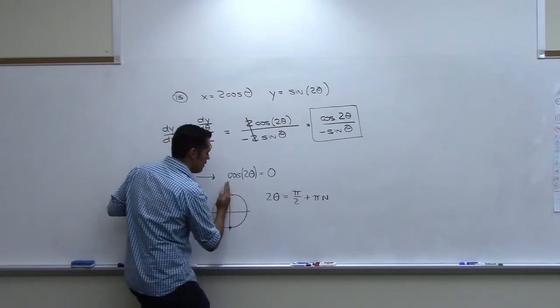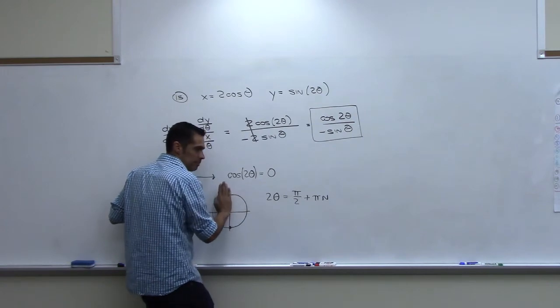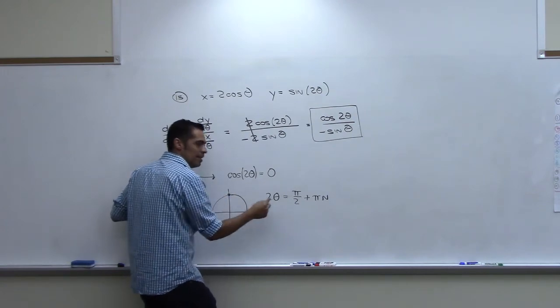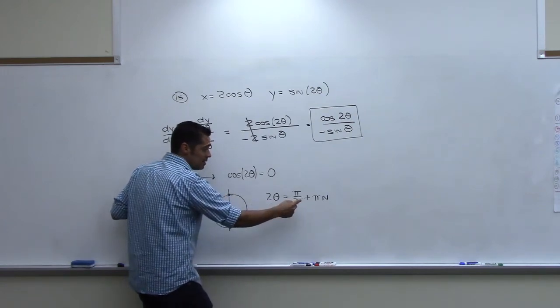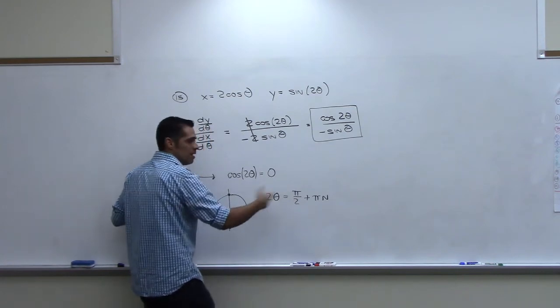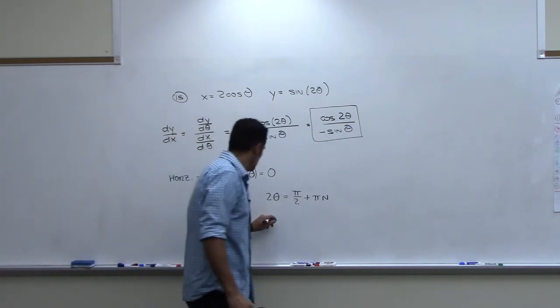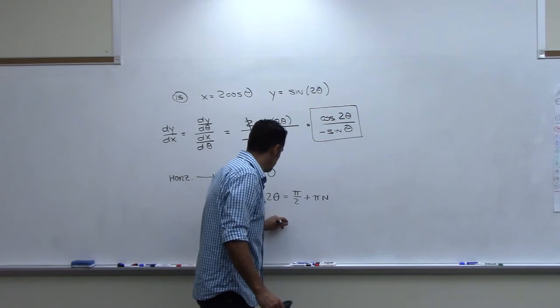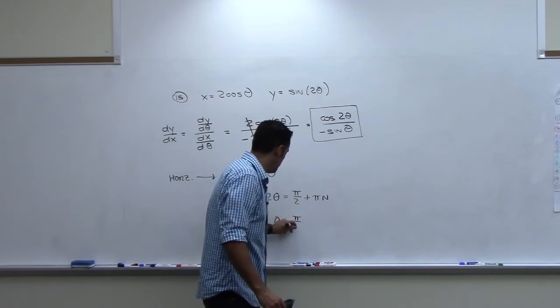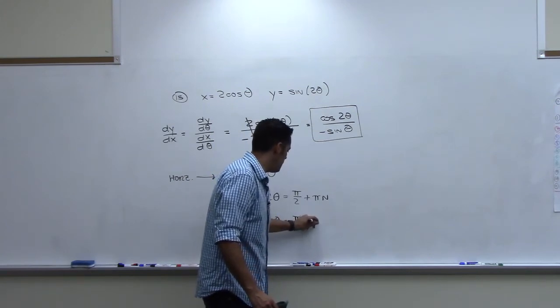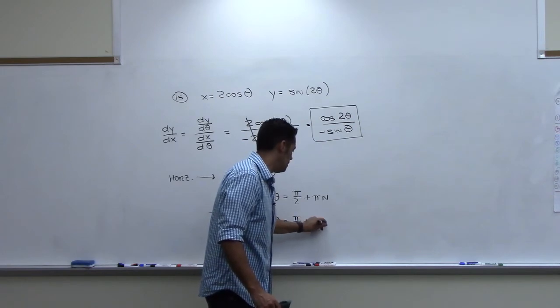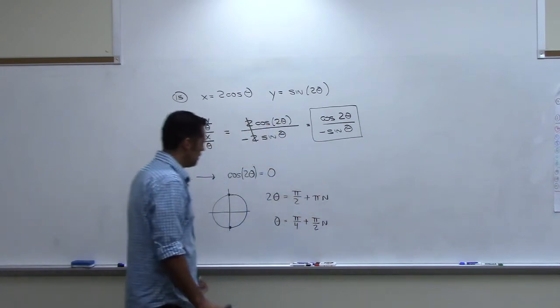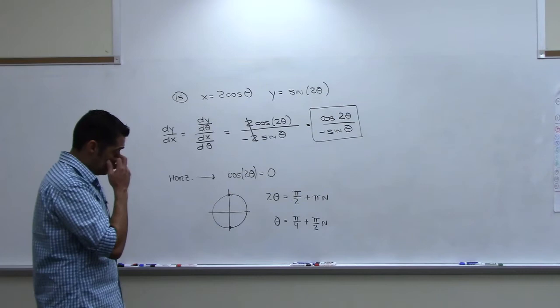But you start out at pi over 2 and then you add pi's to get around this thing. But it's 2 theta is equal to that, not theta. And that's important because now you have to divide both sides by 2. So theta must be pi over 4 plus pi over 2 n. So I'm dividing each of those by 2.